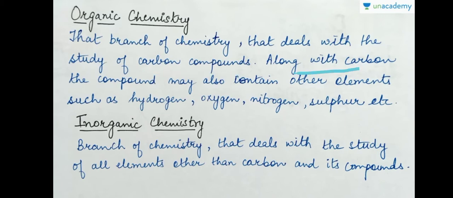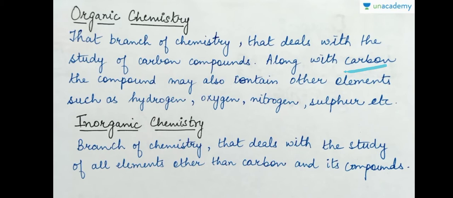Along with carbon, the compounds may also contain other elements such as hydrogen, oxygen, nitrogen, sulfur, etc. So whatever compound we talk about will definitely contain the element carbon. That is why a separate branch has been made for the study of carbon.